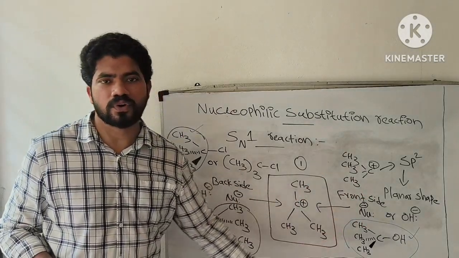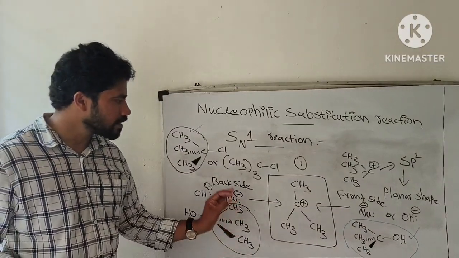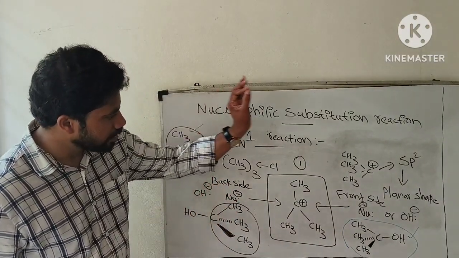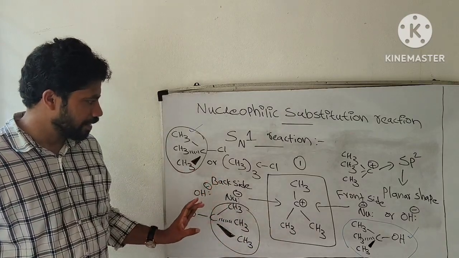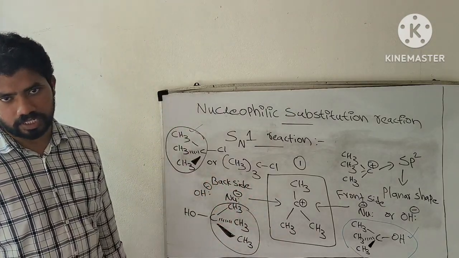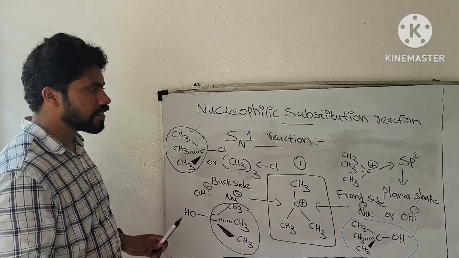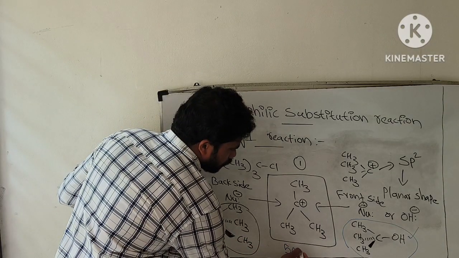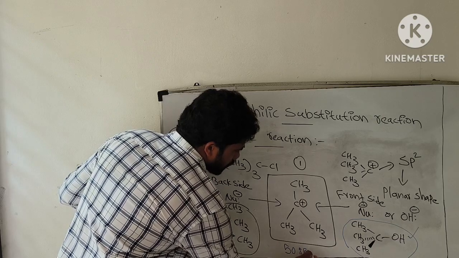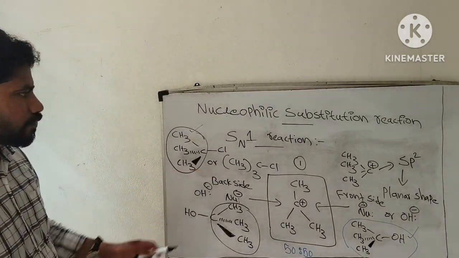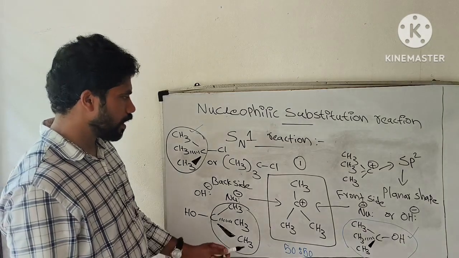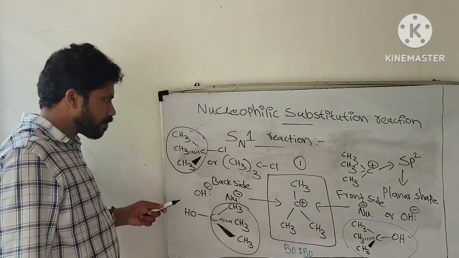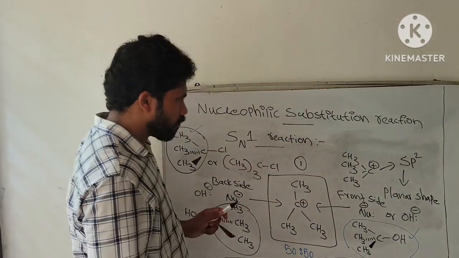But once the nucleophile is attacking on the back side, inversion of configuration will happen. So there is a 50-50 percent chance for the attacking of the nucleophile, one from the back side and one from the front side.